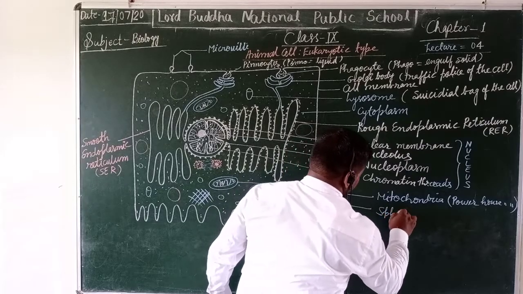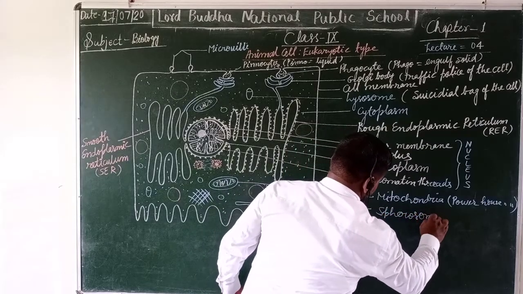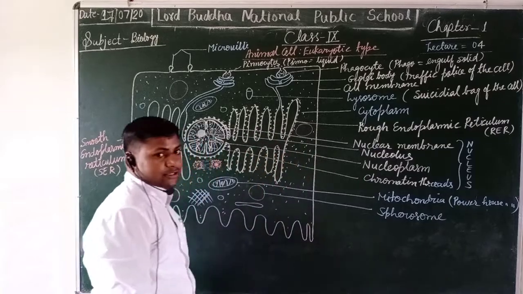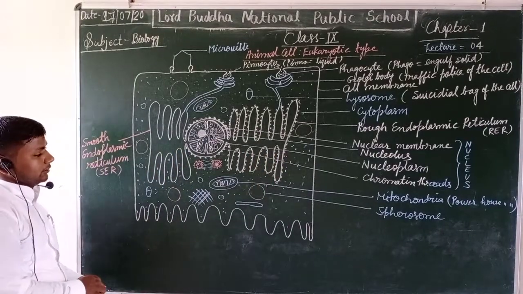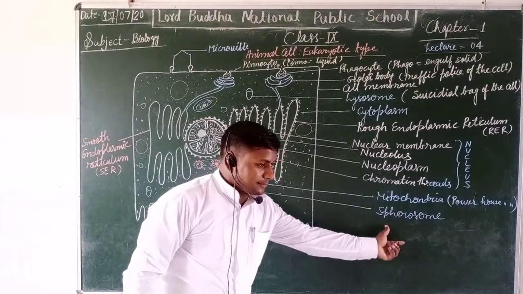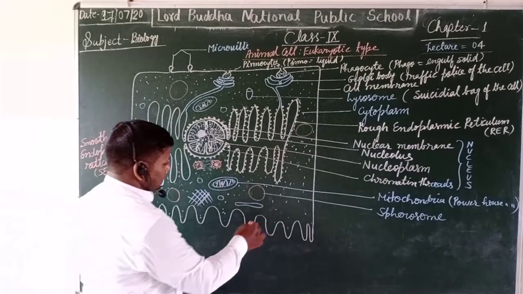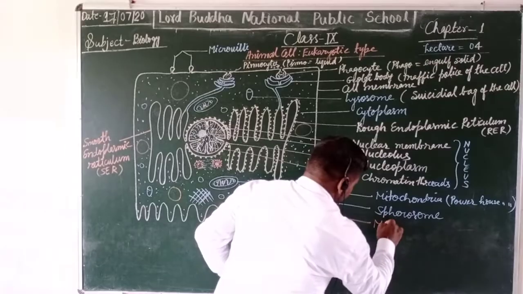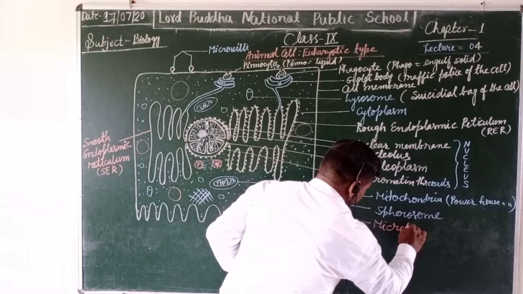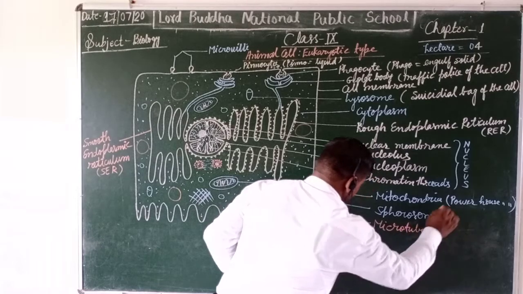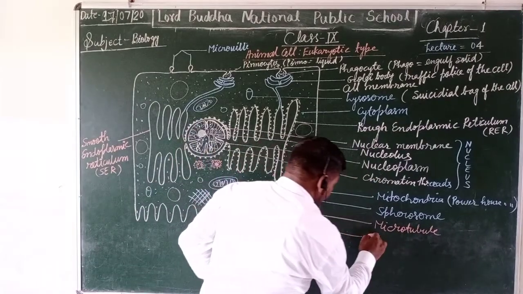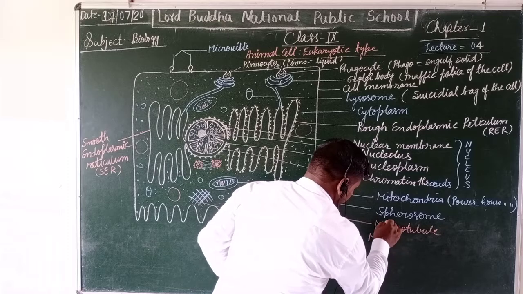Spherosomes. In the animal cell vacuoles are absent. That's why numerous spherosomes are present. Microtubules, microfilaments, just like the plant cell.